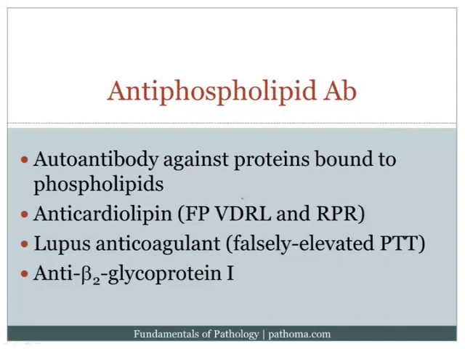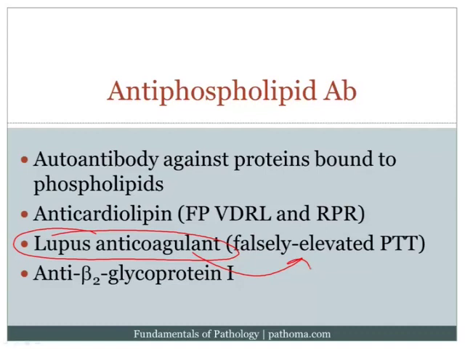Another important point concerning antiphospholipid antibodies is that patients can have an antiphospholipid antibody called lupus anticoagulant. This antiphospholipid antibody falsely elevates the patient's PTT test because it interferes with the phospholipids that are used in the PTT test. And so these patients will have a falsely elevated PTT.